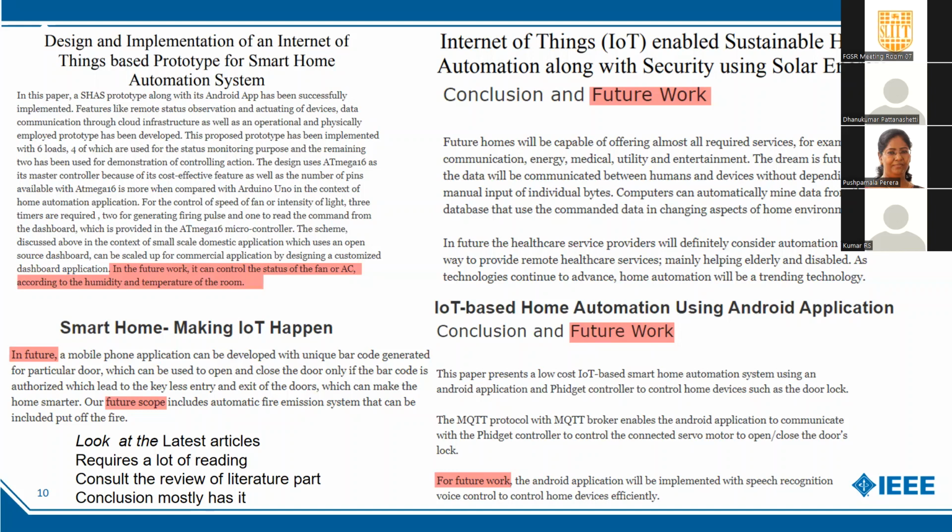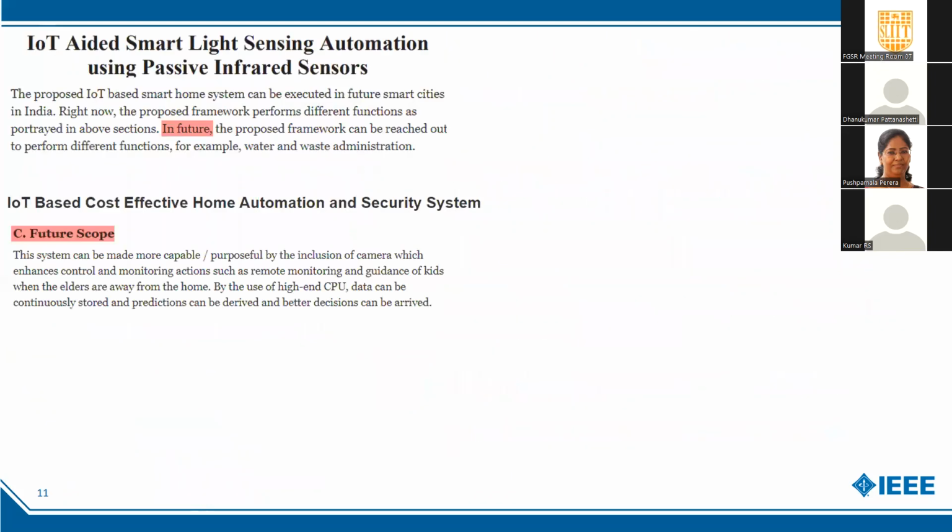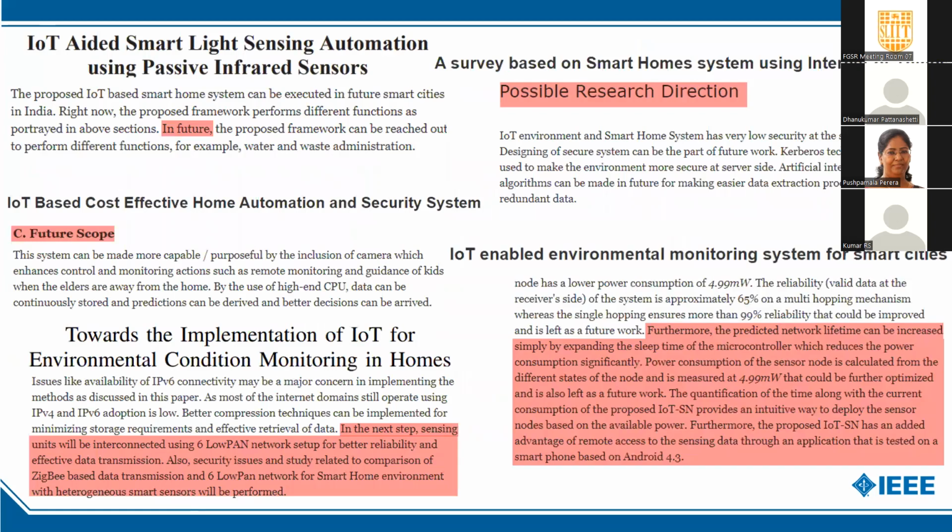So if I'm going to do research about IoT security policy, yes, when you're carrying out research and trying to publish a paper, you may come across some unexplored areas. These can be part of the future scope of research. If I go to the next slide, this slide contains a few more unexplored areas.